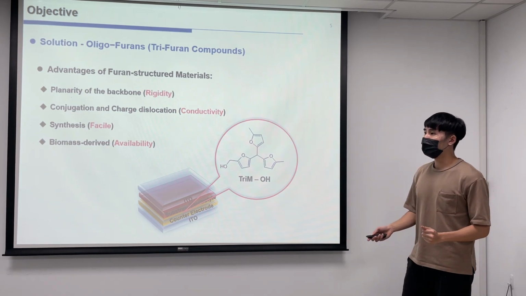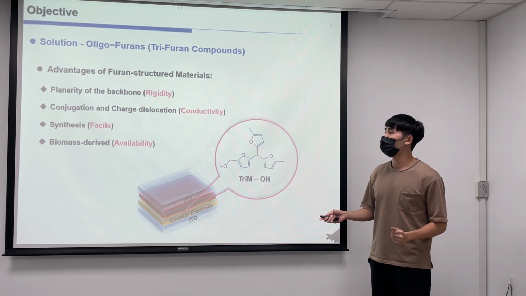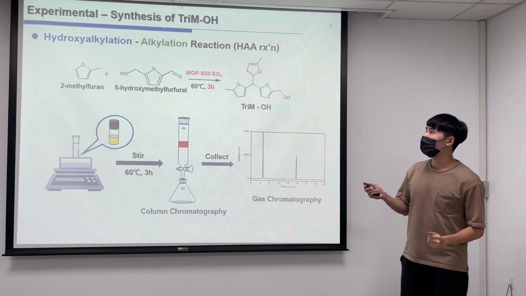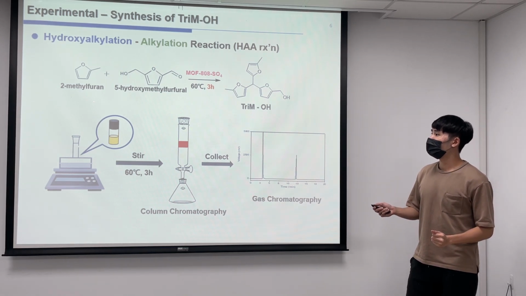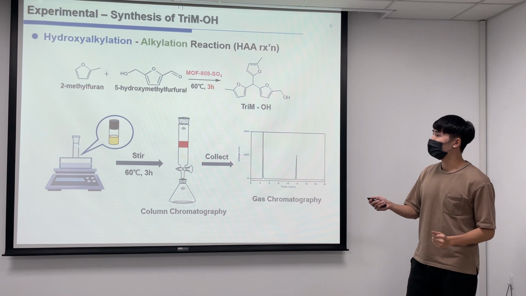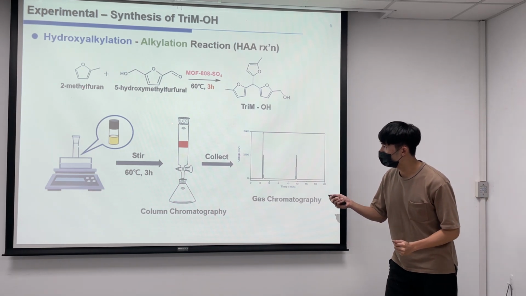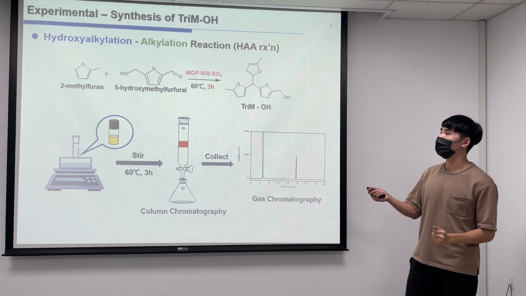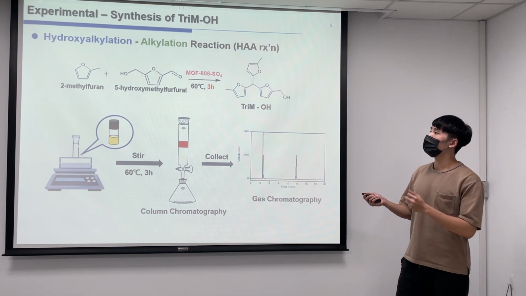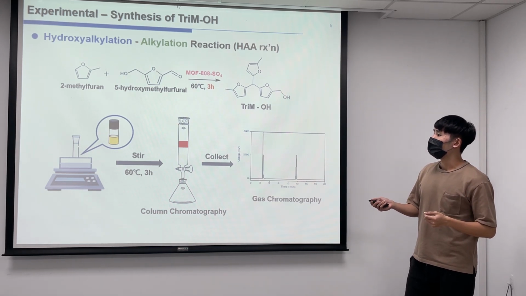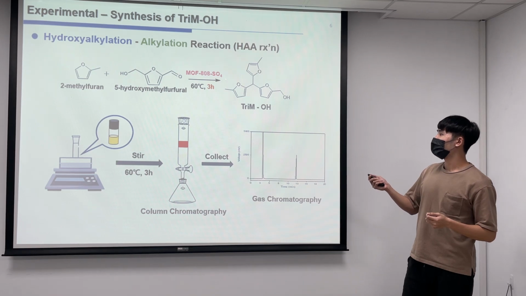Alright, let me move on to the next part, about synthesis. Synthesis means how I make this material. In this one-step reaction, we use 2-methylfuran and 5-hydroxymethylfurfural at 6 degrees Celsius, mixed for 3 hours. We can get this product. In this reaction, we use this pink one.